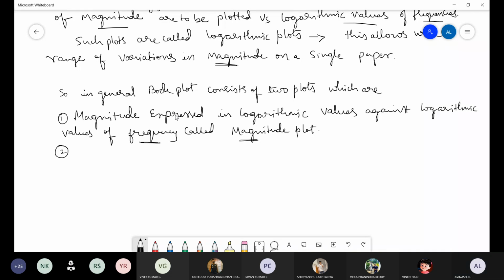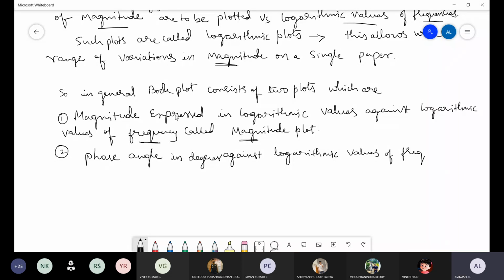The second plot is the phase angle plot. Phase angle in degrees against logarithmic values of frequency is called the phase angle plot.